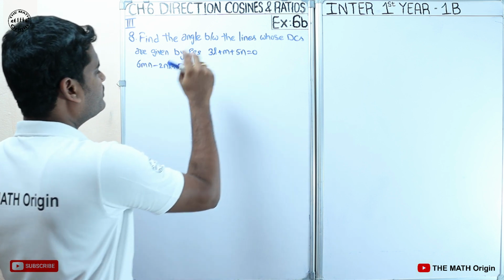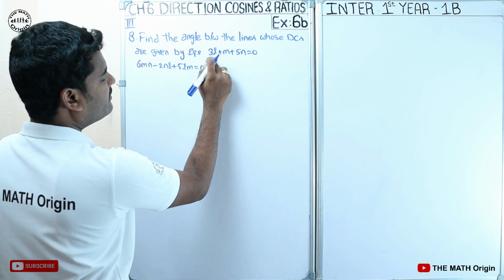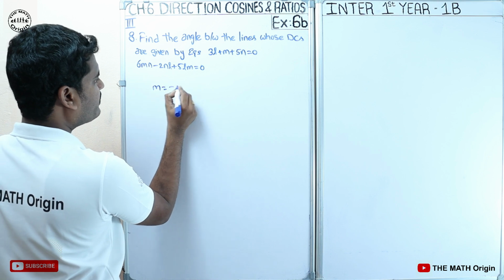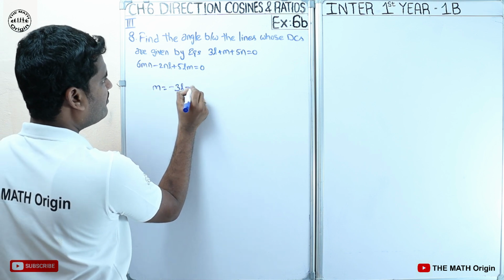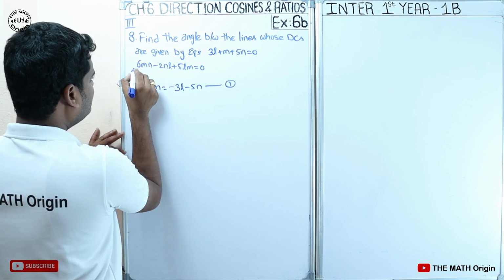Okay, so from the first equation I will write 3l plus m plus 5n equals 0. Therefore m is equal to minus 3l minus 5n. Okay, I will take it as equation 1, and we have this other equation.